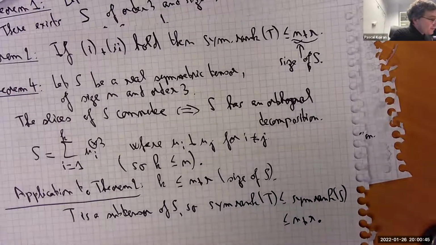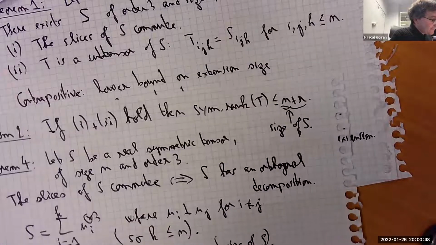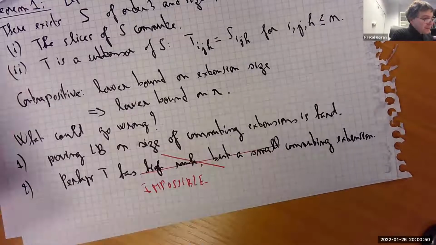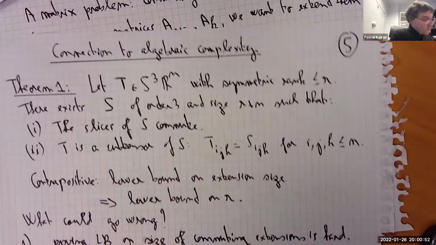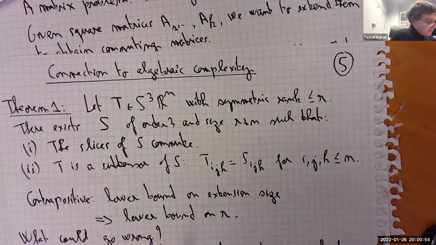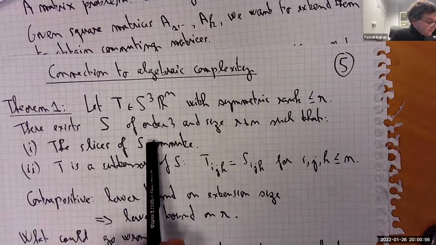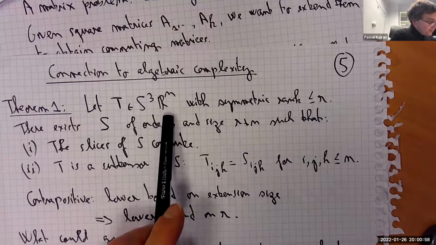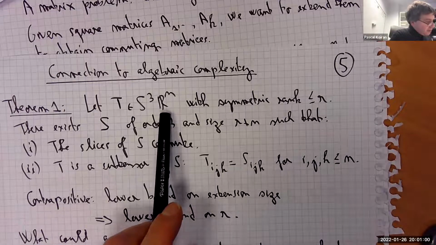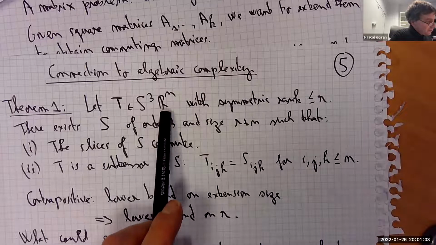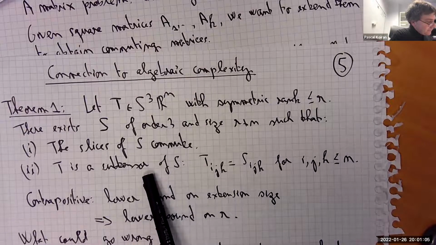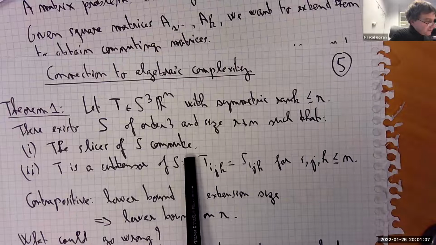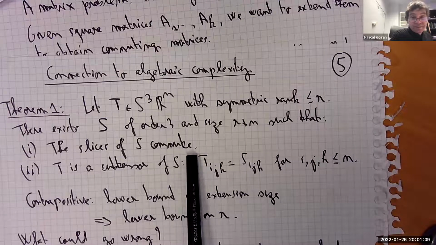So, one last comment I would like to make. Why is the real setting nicer than the complex setting, or at least, it's at least as interesting. Over C, you have a similar statement, but you must add the condition that the slices are diagonalizable.